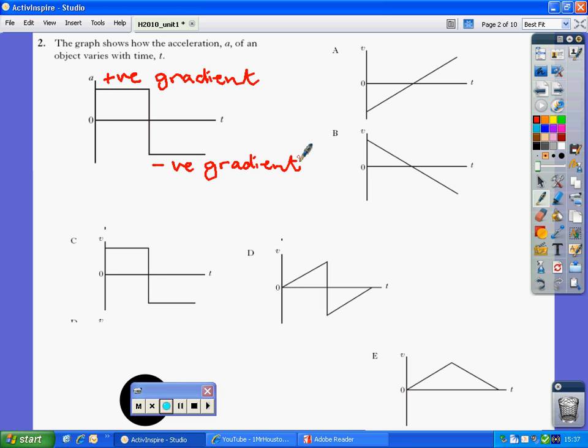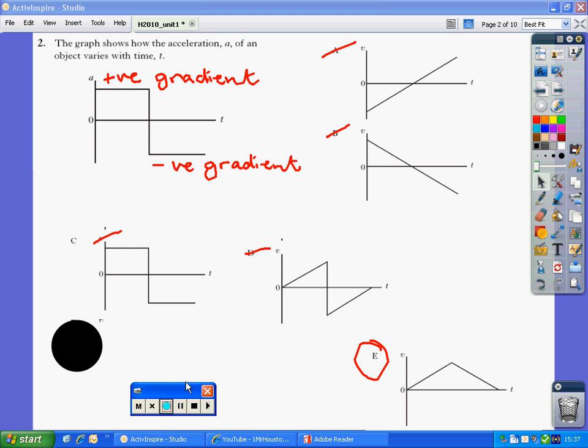If we look at our graphs, this one doesn't, this one doesn't, this one doesn't, this one doesn't, this one does. E is the correct answer.